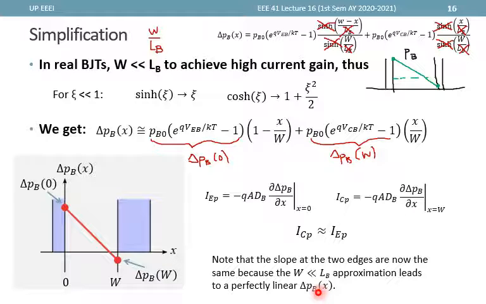And actually, if you look back, we end up with such a trend for the excess minority carrier concentration if there is no RG happening. So this is the linear general solution that refers to when we have this MCDE.